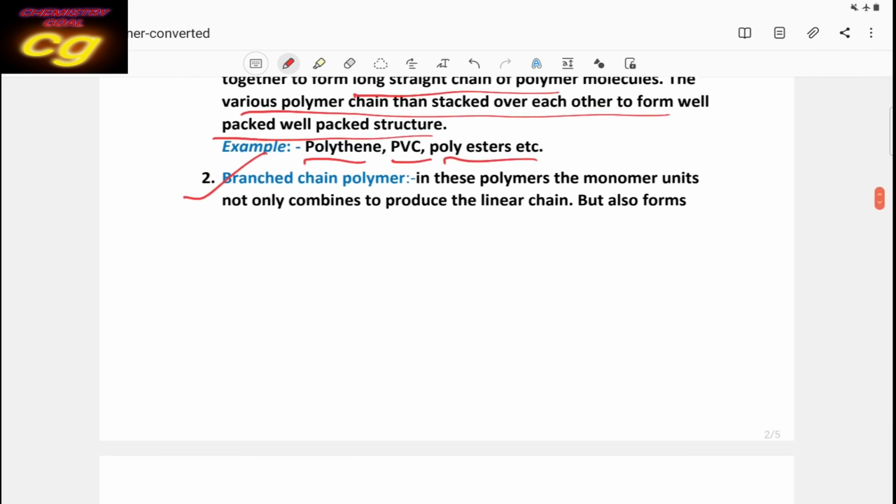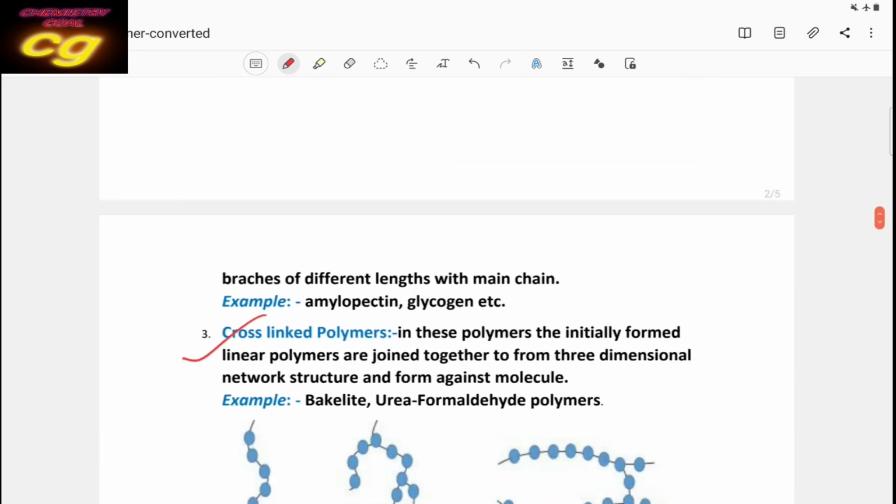And branch chain polymers means from the main chain another side chain is developed. That's why, because of the formation of a new chain from the main chain, it is called branch chain polymers. Amylopectin and glycogen are examples of branch chain polymers.